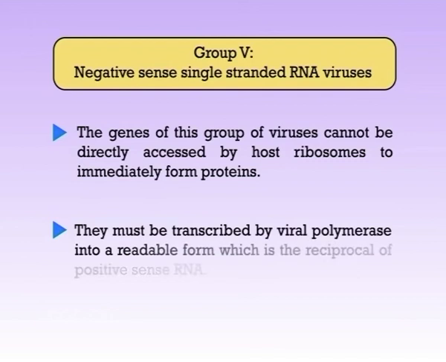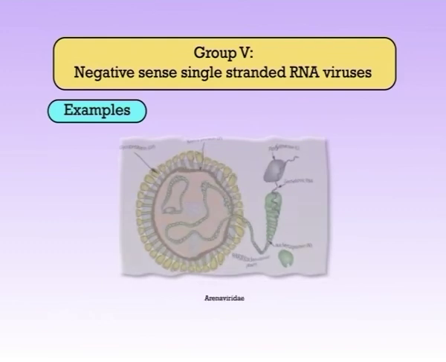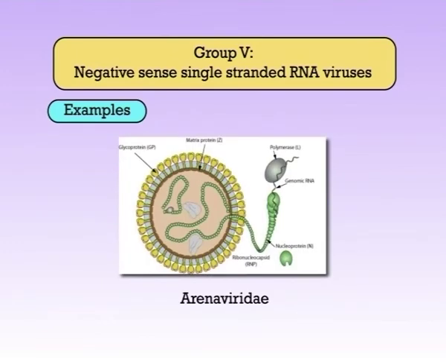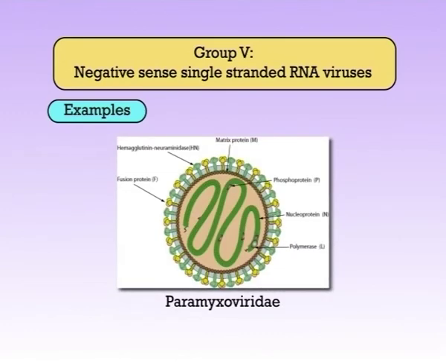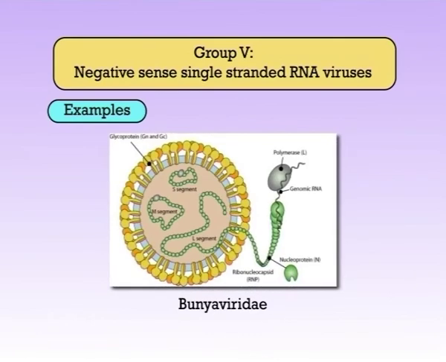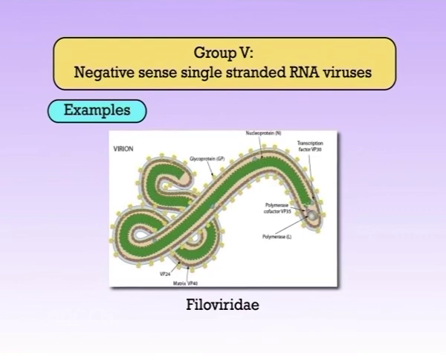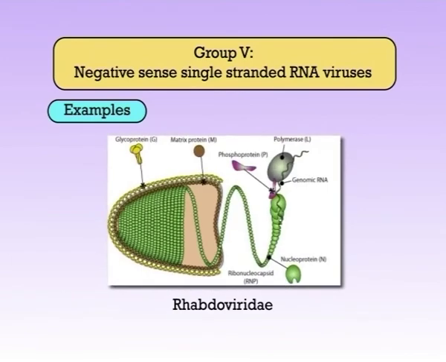So, they must be transcribed by viral polymerase into a readable form, which is the reciprocal of the negative sense RNA. Arenaviridae, Orthomyxoviridae, Paramyxoviridae, Bunyaviridae, Filoviridae, and Rhabdoviridae are the families that come under this group.